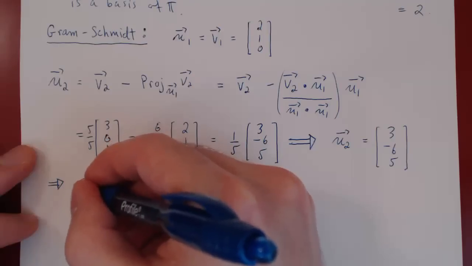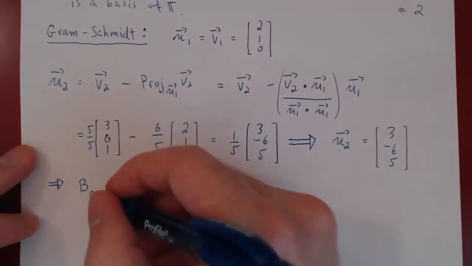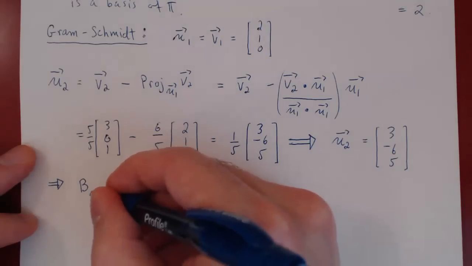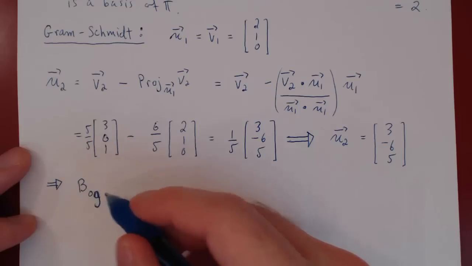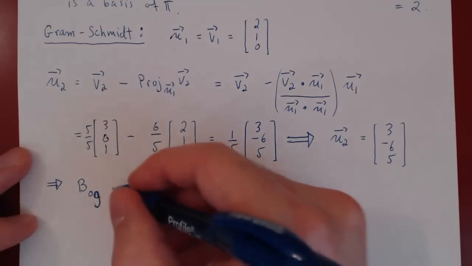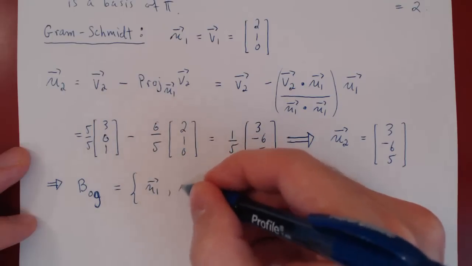And I'll write b subscript OG, for saying that we have transformed b into an orthogonal basis, and the new vectors are u1, u2.